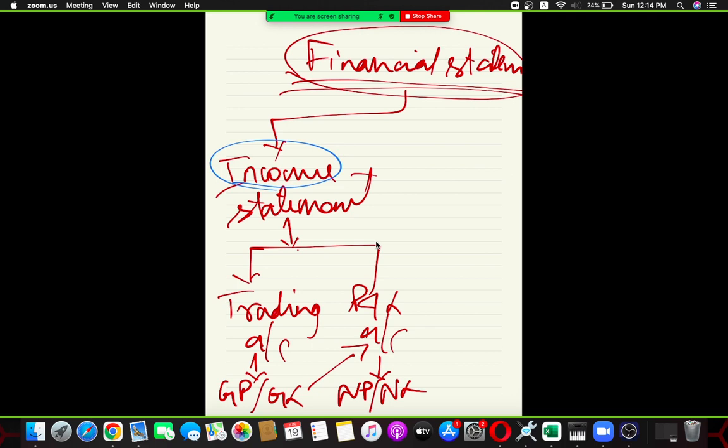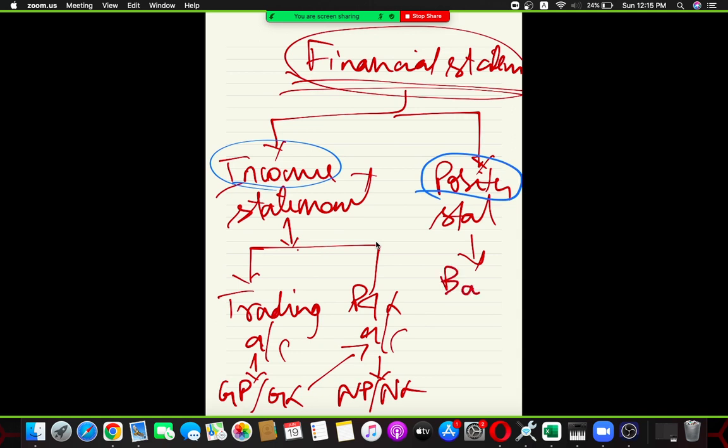Now, with respect to the position statement, the name itself is specifying that it is representing the position of the business. In this position of the business, we have the balance sheet.